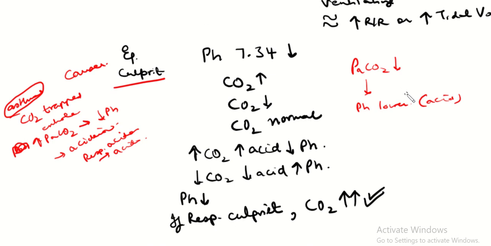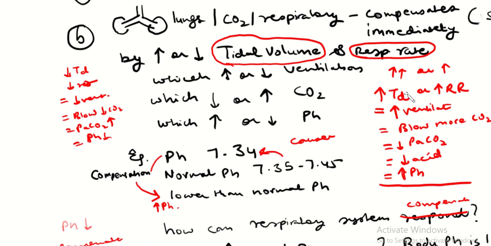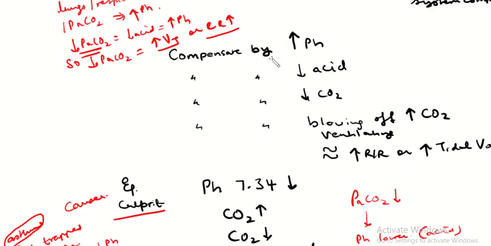That's how the respiratory system contributes to the pH getting worse. Here, the PaCO2 is changing to compensate, or make the pH better. That's the difference.